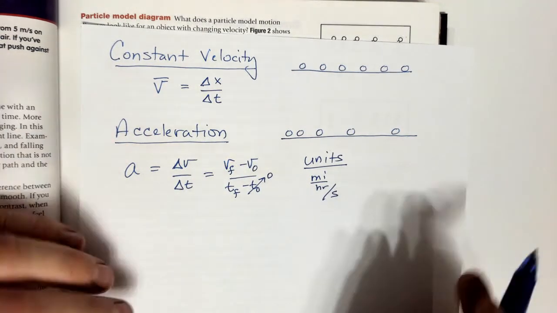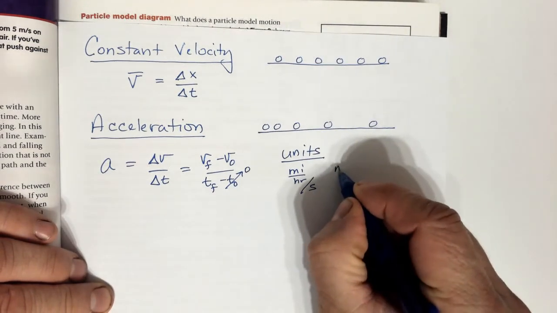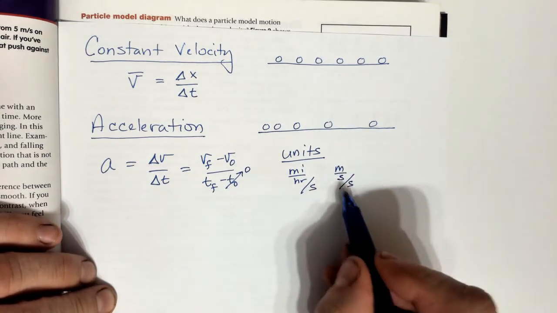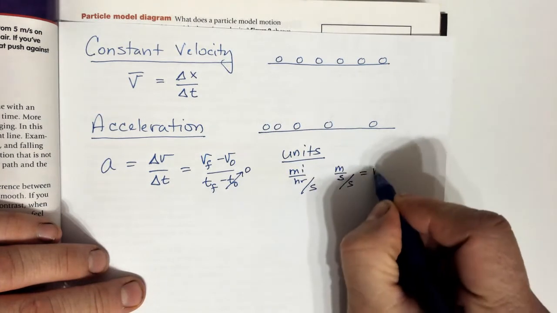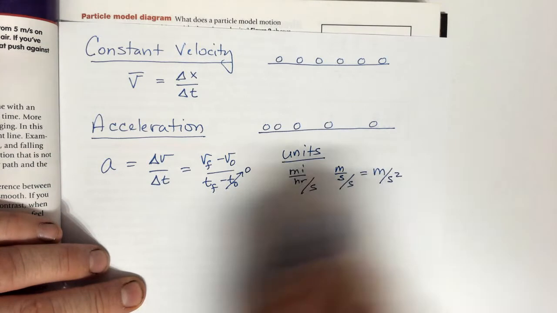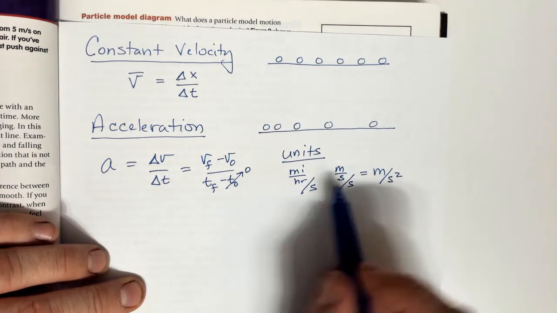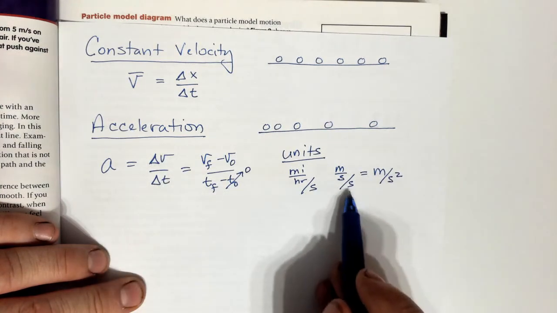But if we're doing something in physics and we talk about something going in meters per second and we're changing in seconds of time, if the two units are the same, physics likes to bring them together and write meters per second squared. But I want you to know it really means meters per second changing per second.